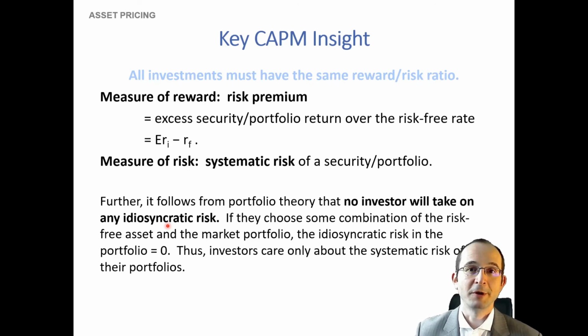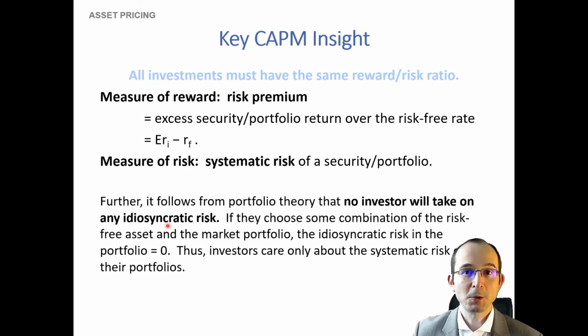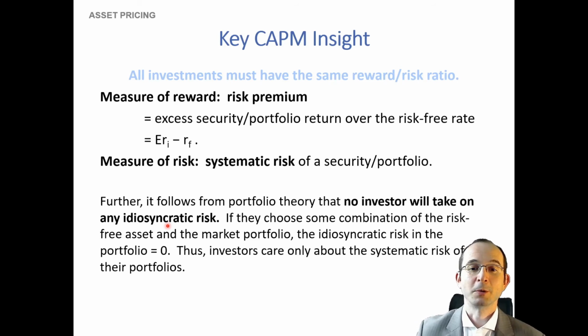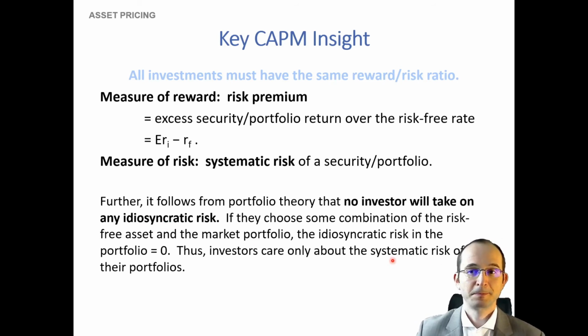They'll fall on the capital market line connecting the two, and everybody's really going to hold the same well-diversified portfolio, the market portfolio, just in some proportion with the risk-free asset, as we already saw in portfolio theory. So in other words, only systematic risk gets priced.